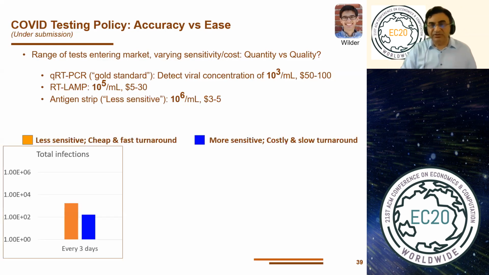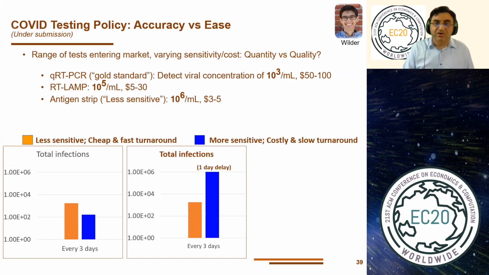So if we can run the less sensitive test over the entire population and the more sensitive test on the entire population at the same frequency, then indeed the more sensitive test would reduce the total number of infections. However, the more sensitive test often has a 1 day delay in reporting.